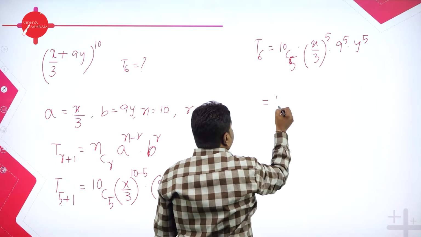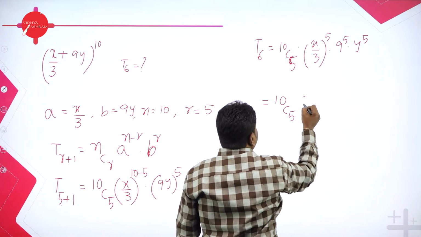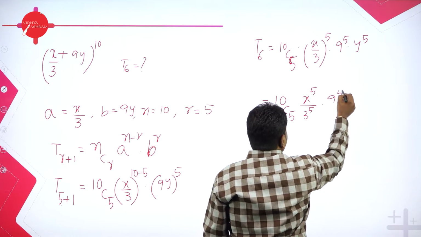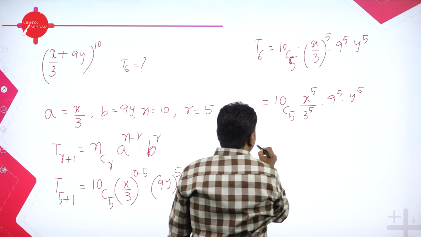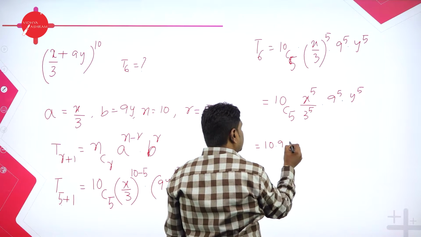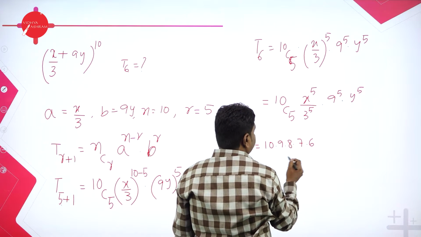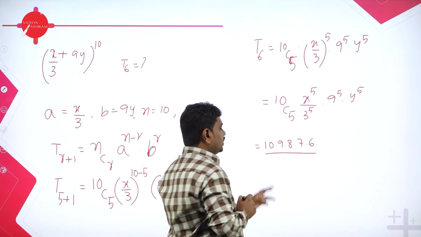So you can further write it as 10C5 x power 5 by 3 power 5 into 9 power 5 into y power 5. So you know 10C5 can be written as 10 into 9 into 8 into 7 into 6 divided by 5 into 4 into 3 into 2 into 1. So 5 terms in numerator starting from 10.